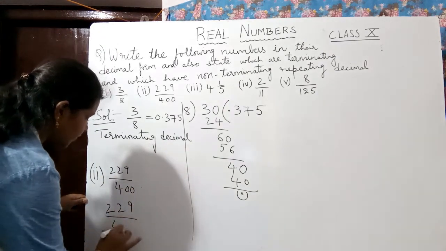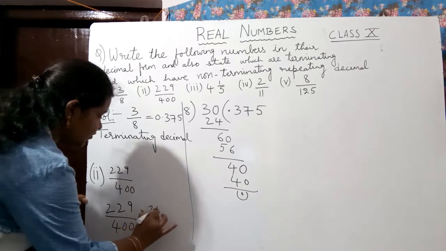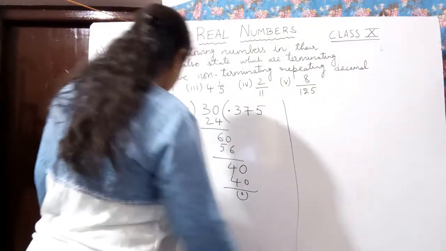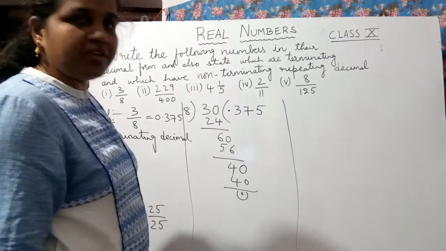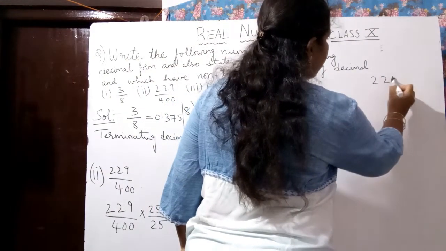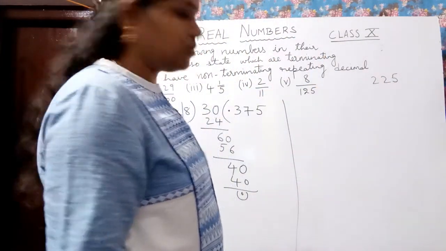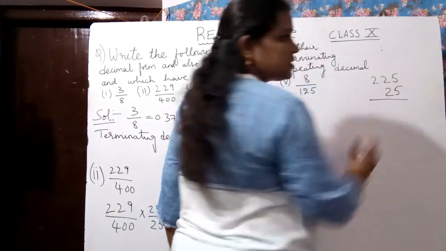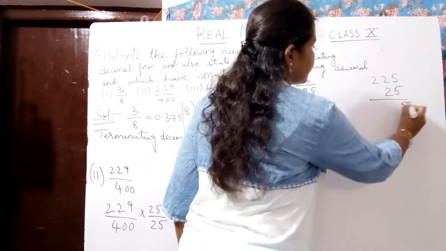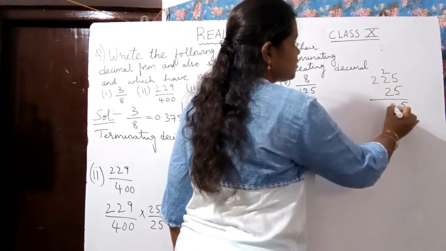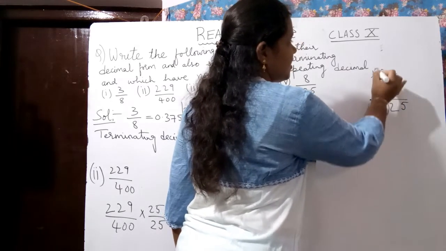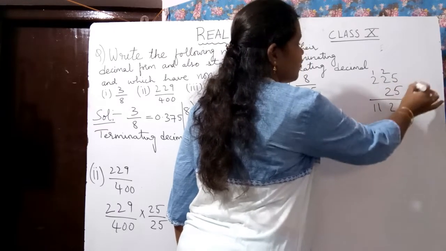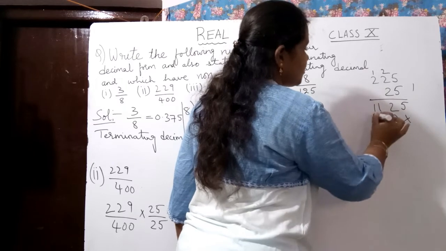229 by 400 into 25 by 25. So we will get 229 into 25. 5 5s is 25. 5 2s are 10, 10 plus 2, 12. 5 2s are 10, 10 plus 1, 11. 2 5s are 10. 2 2s are 4 plus 1, 5. 2 2s are 4.